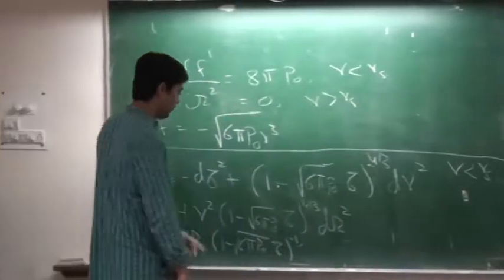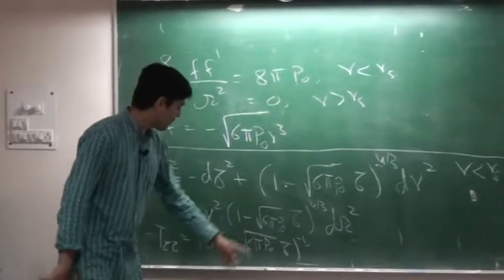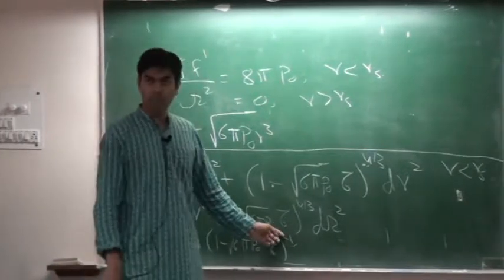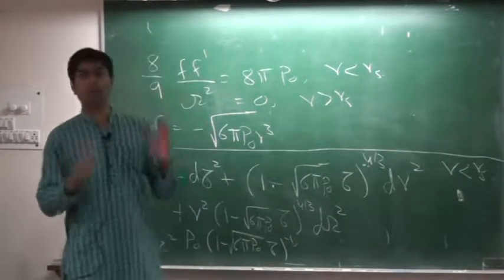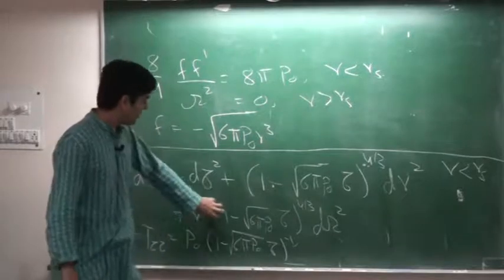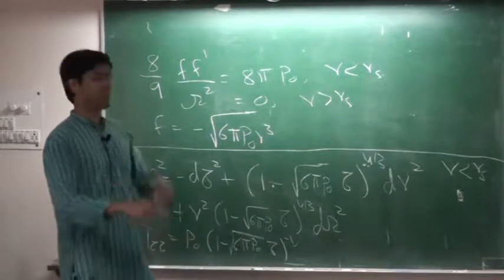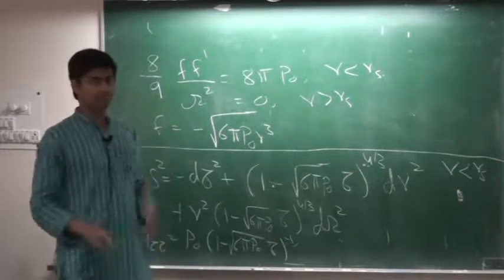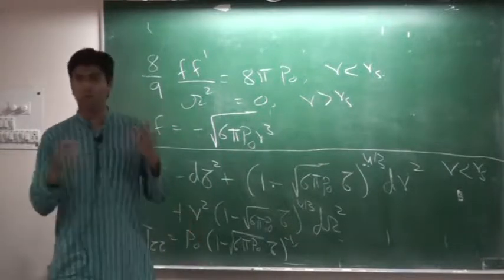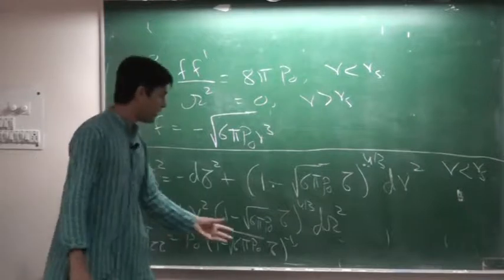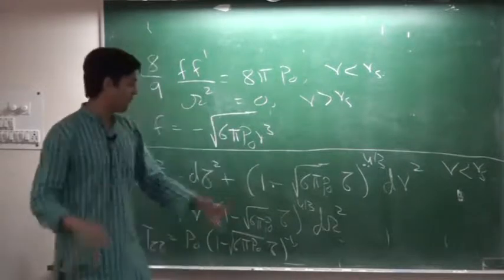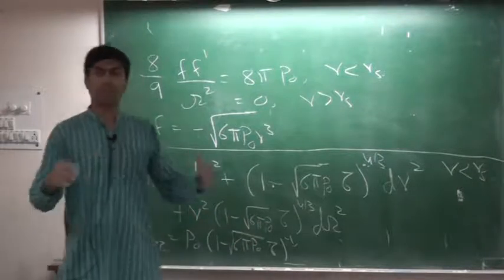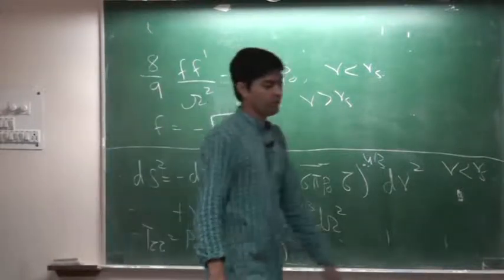You look at this solution, and you see that the radius of the S2 is given by 1 minus root of 6 pi rho naught into tau, raised to some power 4 by 3. The power 4 by 3 is not important. But the fact is that if you sit at any point at constant R inside the sphere, you can start at any value of R as long as R is smaller than Rs. And what happens is that the radius of the S2 shrinks and it goes to 0 in a finite time. So in some time, the radius of this S2 just shrinks and goes off to 0.